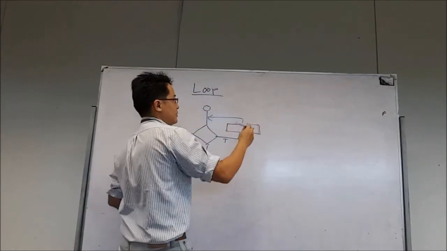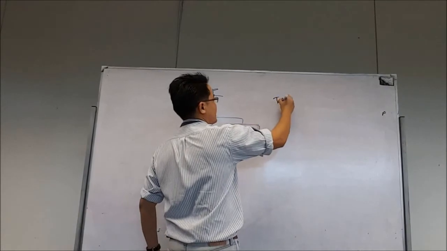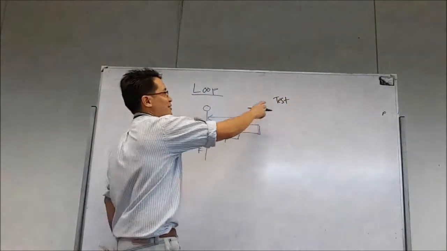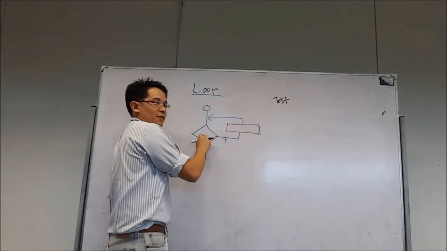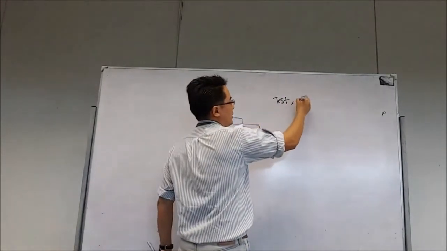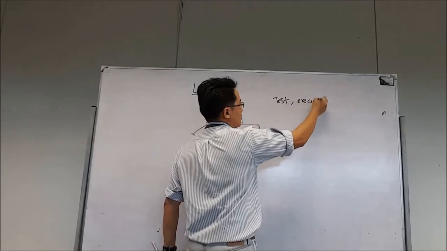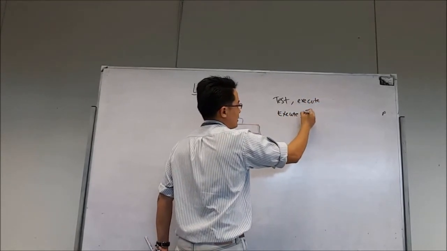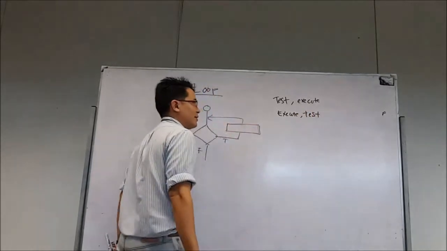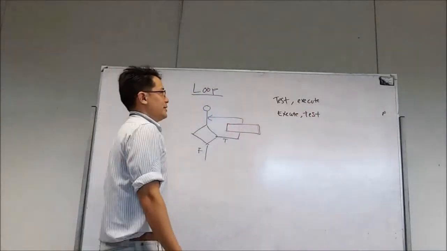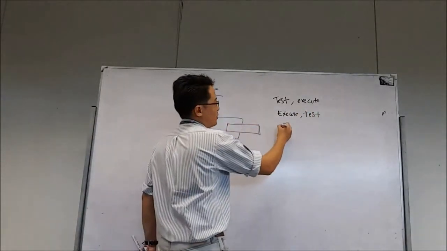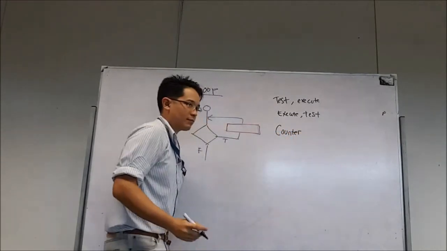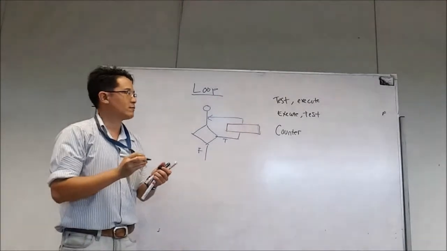You want to test the condition first, then execute, or you execute first, then test. And then the other one, maybe we already know how many times, so we use a counter. So there are three different kinds of loop.